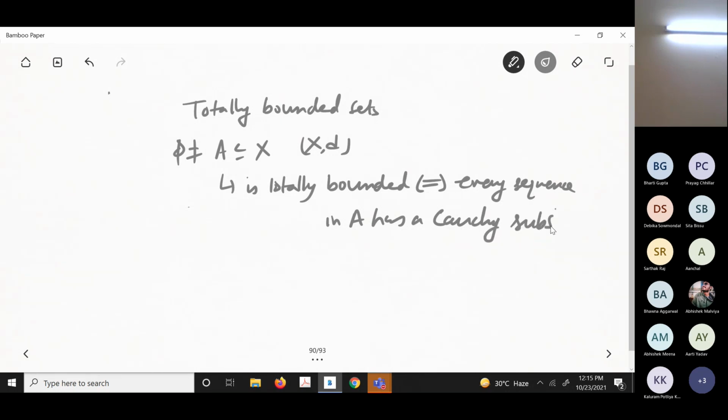Okay. So in fact, for any important concept in metric space, you always have some sort of sequential characterization.